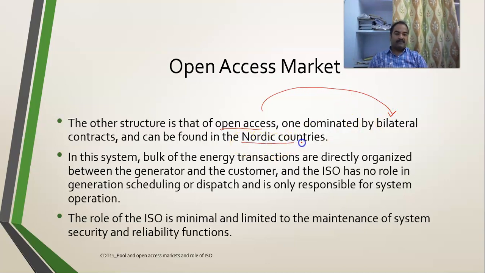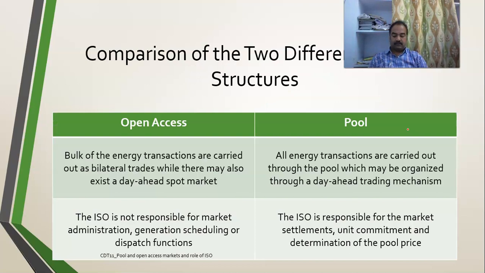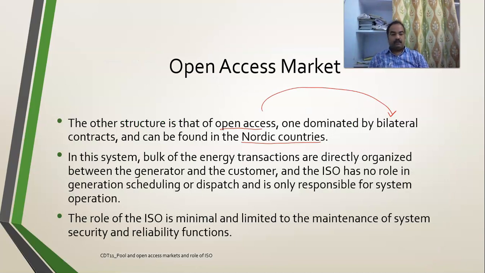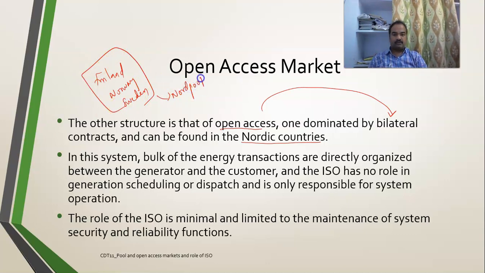One such market is the Nordic market, where we have Finland, Norway and Sweden. These countries have come together to form a Nord pool. These countries are called Nordic countries. So there was a common pool, and it is still there, called the Nord pool.